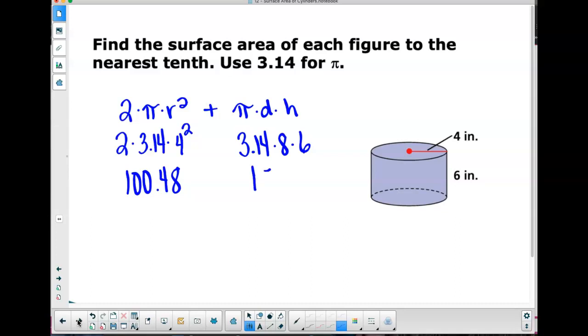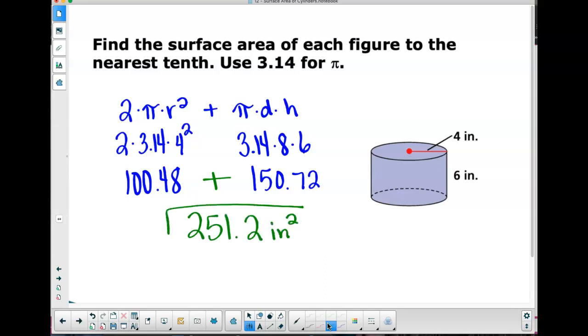And I got 150.72. The last thing is to add those two numbers together. So 150.72 plus 100.48 is 251.2 inches squared.